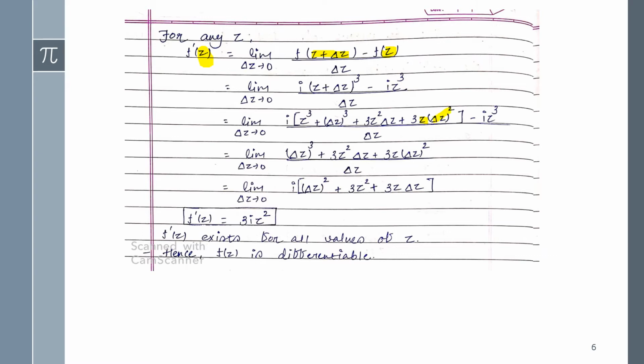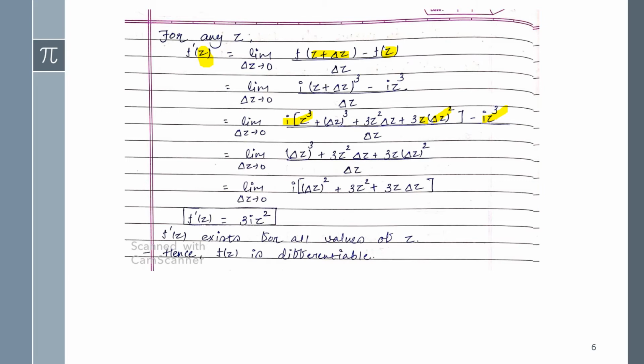I hope you all understood, guys. Minus iz cube as it is, upon the denominator as it is. Now opening the brackets, multiplying this i into the bracket, both the terms iz cube and iz cube will be removed, and I'm writing the remaining terms. Also you can take a common delta z from the numerator, so it will be cancelled out from the numerator as well as the denominator.